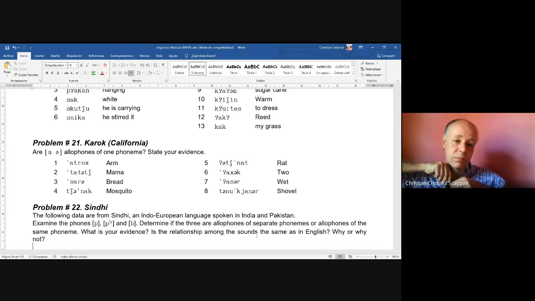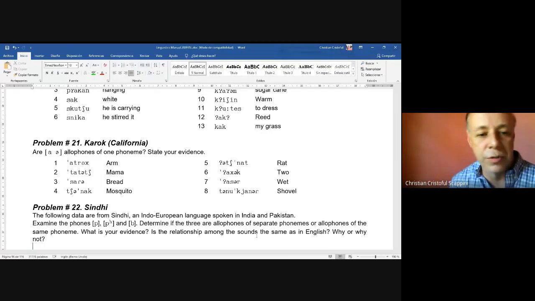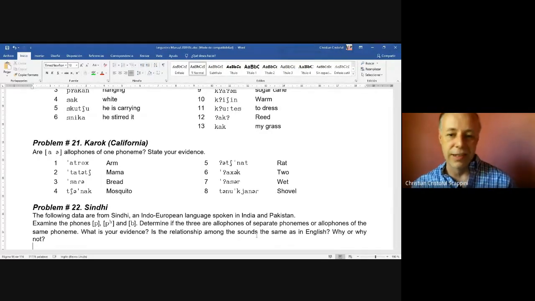Apparently not. Step number 2, look for subminimal pairs. Is there a subminimal pair? Kind of. And step number 3, look for complementary distribution, meaning look for consistency. And can we find any consistency?